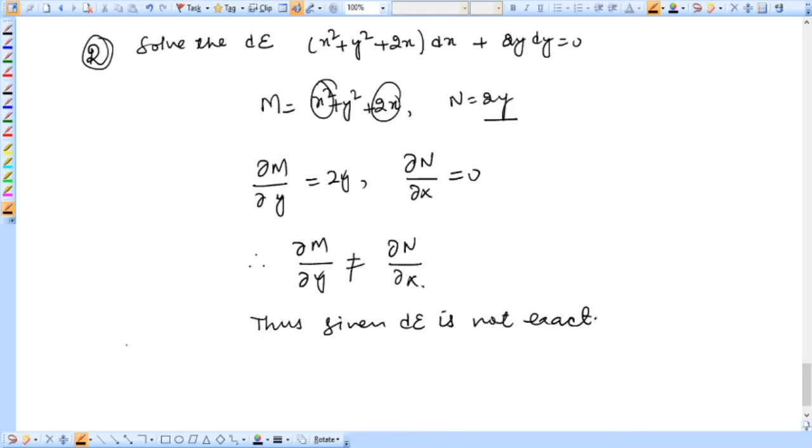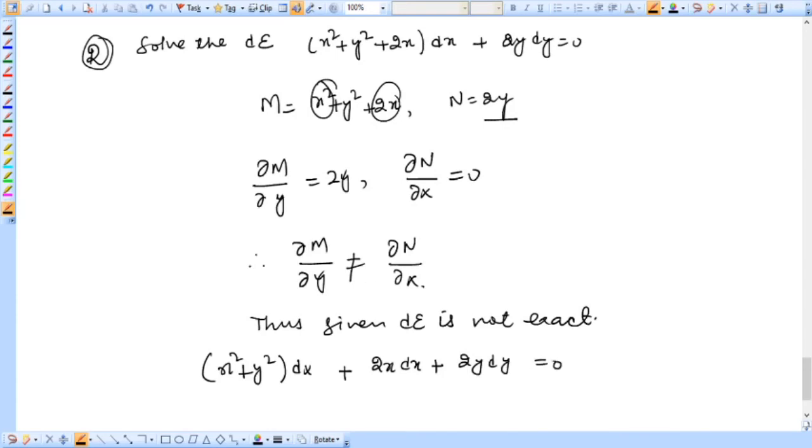So see, I just want you to look at the problem. The problem is x square plus y square, I'm rewriting the problem now, into dx plus 2x dx plus 2y dy equal to 0, right?